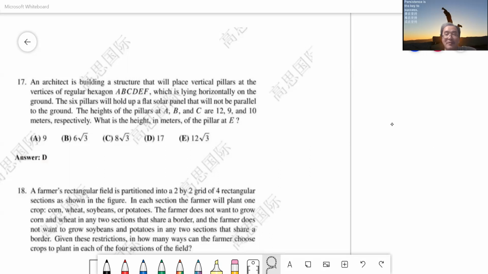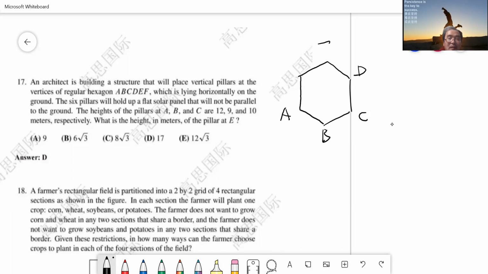Again, so this is the geometry. Let's try to think about what it looks like, right? So we have a regular hexagon. Let's call this A, B, C, D, E, and F. So now we just tilt this in a certain way.